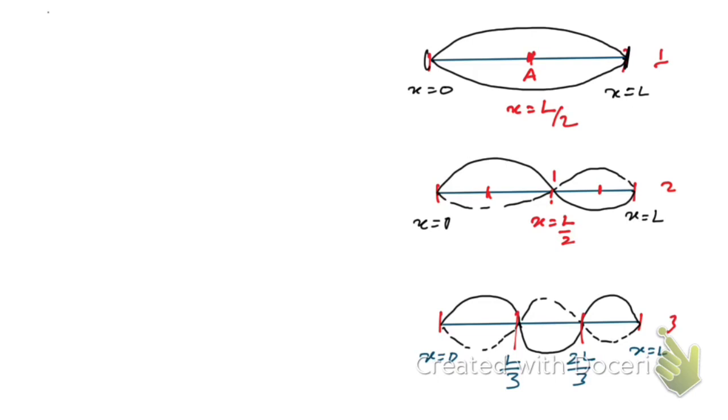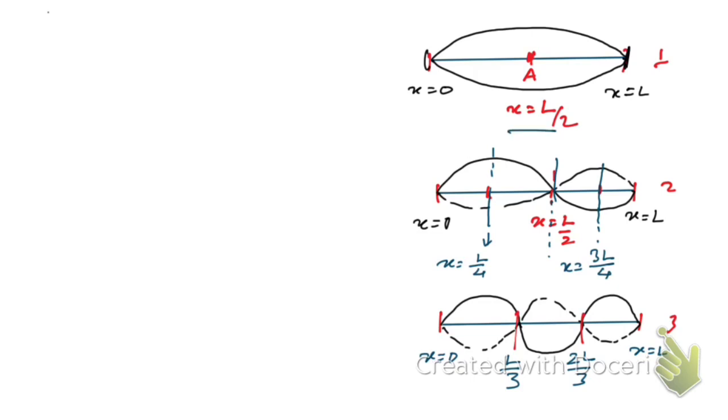If you see here, this L is divided into how many equal parts? 1, 2, 3, 4, right? So 4 equal parts. That's why this position is L by 4 and this position is 2L by 4. That's why we are getting L by 2, right? 2L by 4, and this one 3L by 4. So these are the positions of antinodes for the second mode.